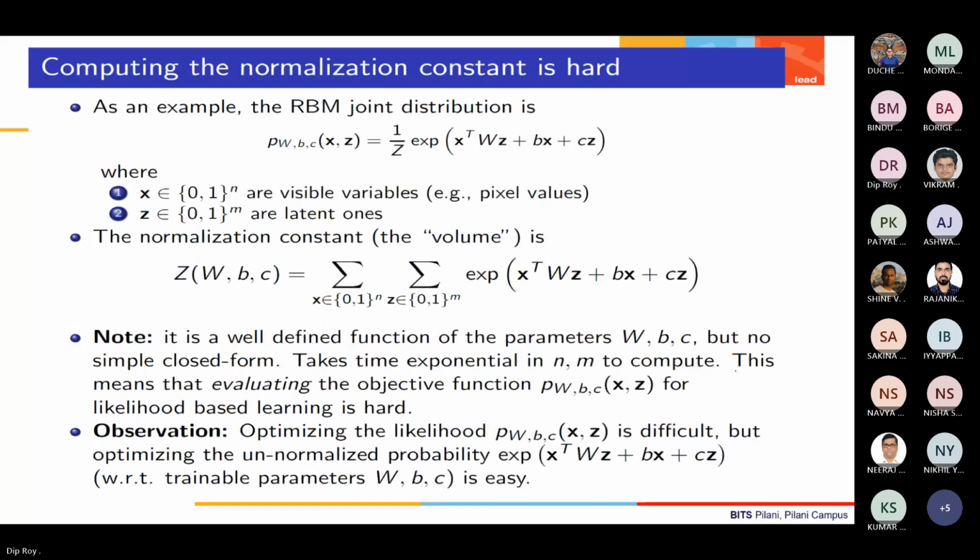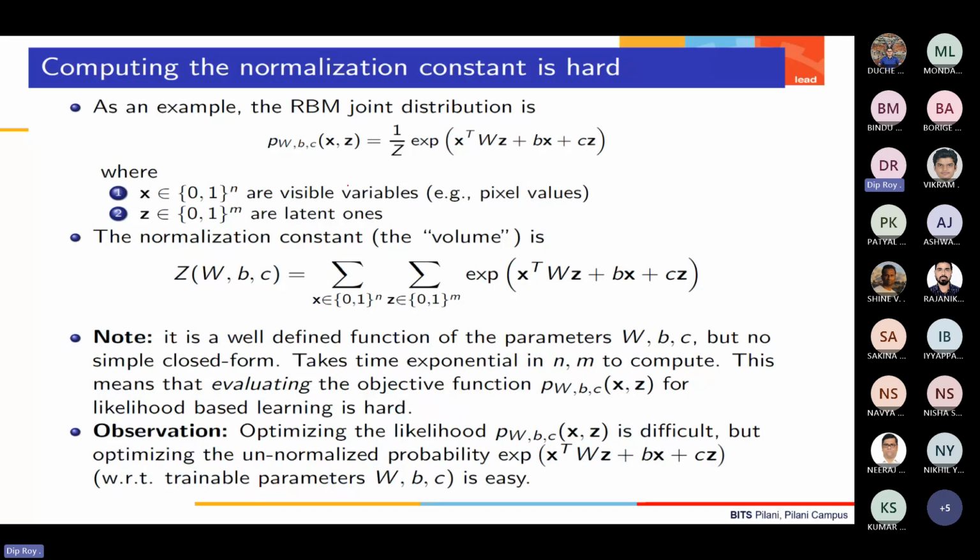Okay. Now the question here is that computing the normalizing constant is actually hard. So let's take an example.